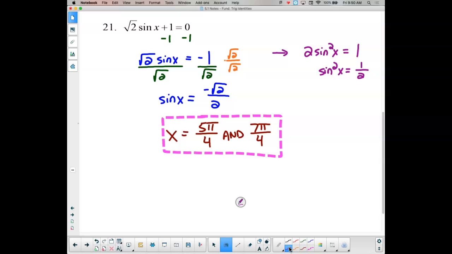Then you would have had to square root both sides and gotten sine of x equals plus or minus the square root of 1/2. Okay? Then this would have been sine of x equals plus or minus the square root of 2 over 2. So you would have gotten all 4 of them.